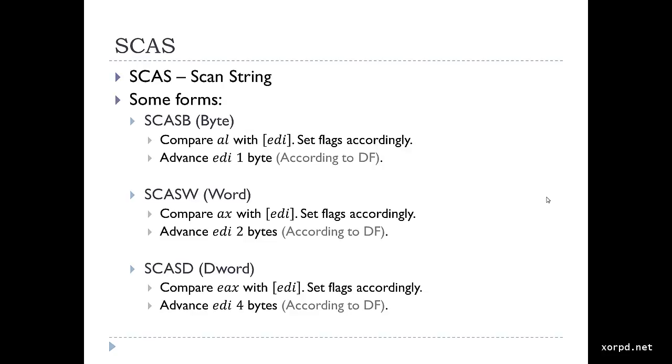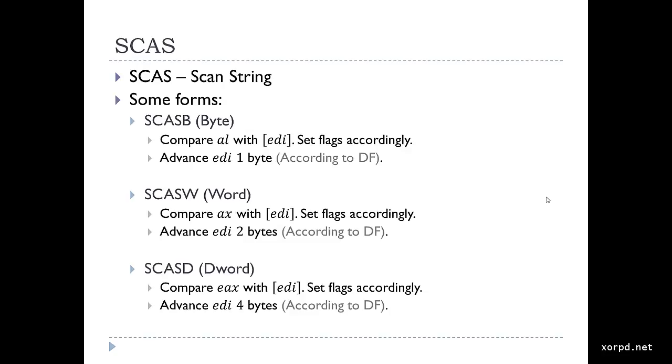Let's move on with the scas instruction. Scas is also known as scan string, and it can really help you find something inside a string. It has some different forms. The first form is called scasb, where b stands for byte. This instruction compares AL with the byte at address EDI in memory.